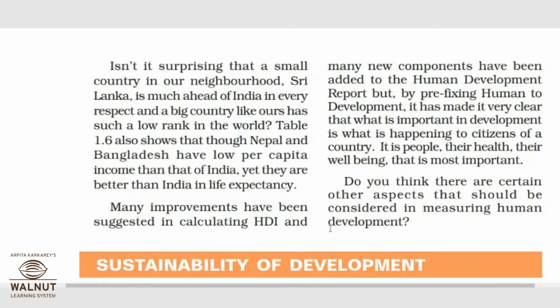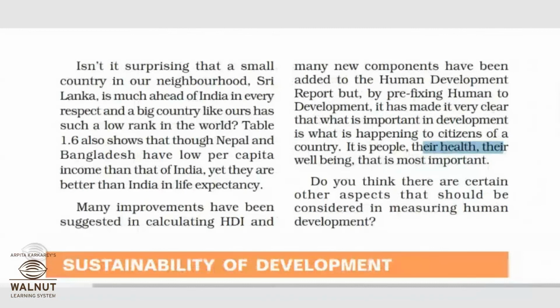Do you think there are certain other aspects that should be considered in measuring human development? Okay, so this also you can think about, and during our revision time we can discuss this part also. All right, so according to the HDI, what is most important is not just the net income, but also the health and well-being of the citizens.